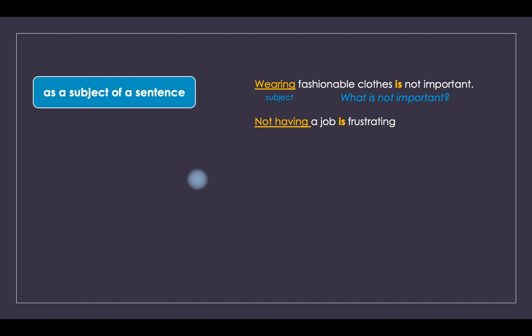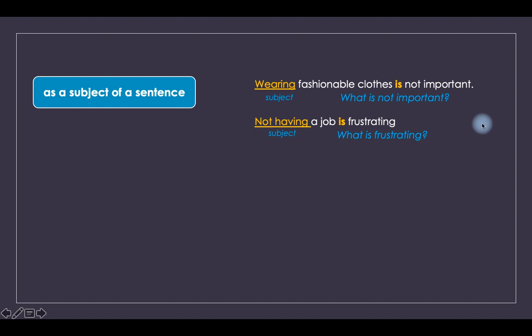Not having a job is frustrating. Not having is the subject of this sentence. We know it, because when we ask the question, what is frustrating, we understand that not having is the subject of this sentence.